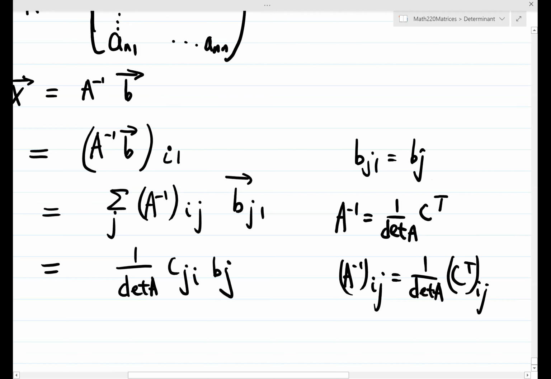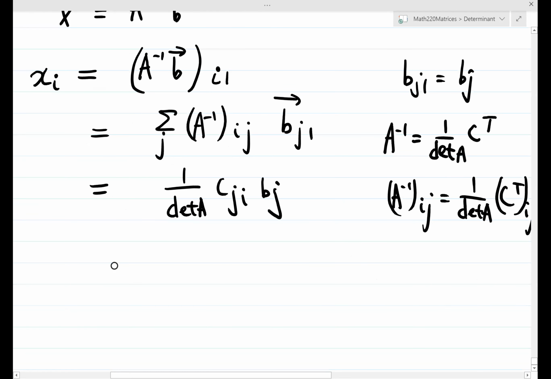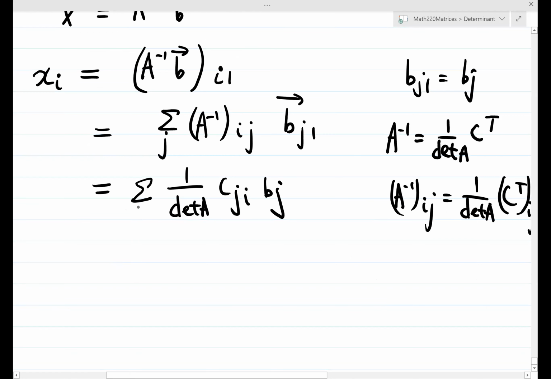Now this will be the sum over j, where j is from 1 to n.